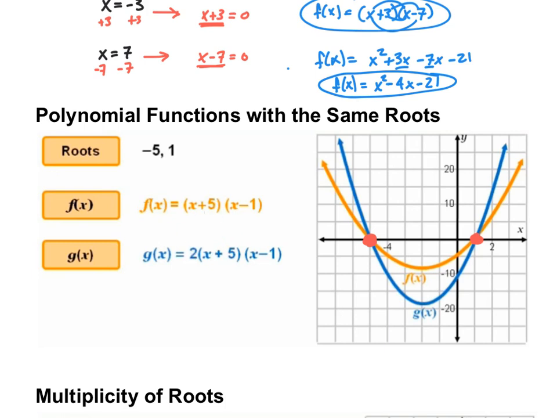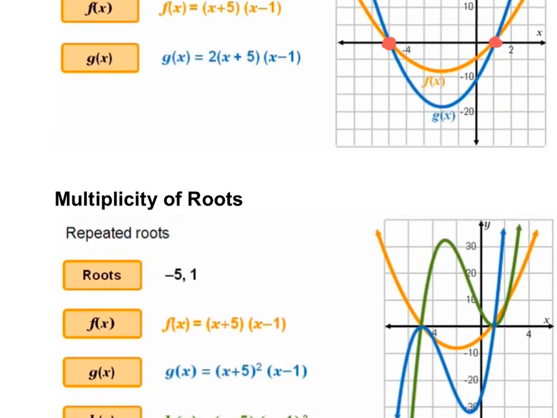If I were just to take my roots, turn them into factors and write my polynomial, I get this nice orange curve. However, we could have some sort of multiplier out front that changes the graph and changes the minimum point, but keeps the same x-intercepts, the same roots. We will have to take a look at that and use that later on.